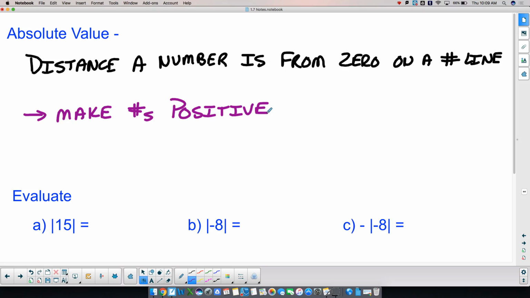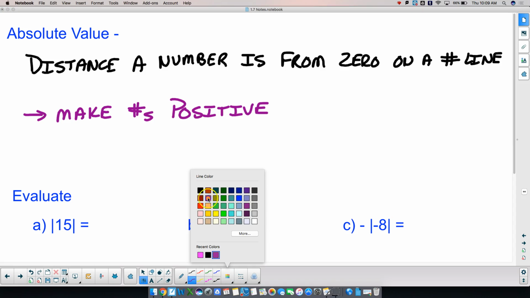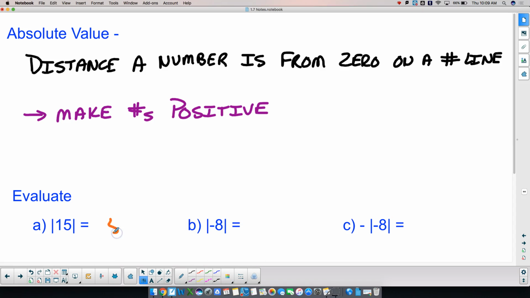So let's evaluate some. What's the absolute value of 15? 15. What's the absolute value of -8? 8.